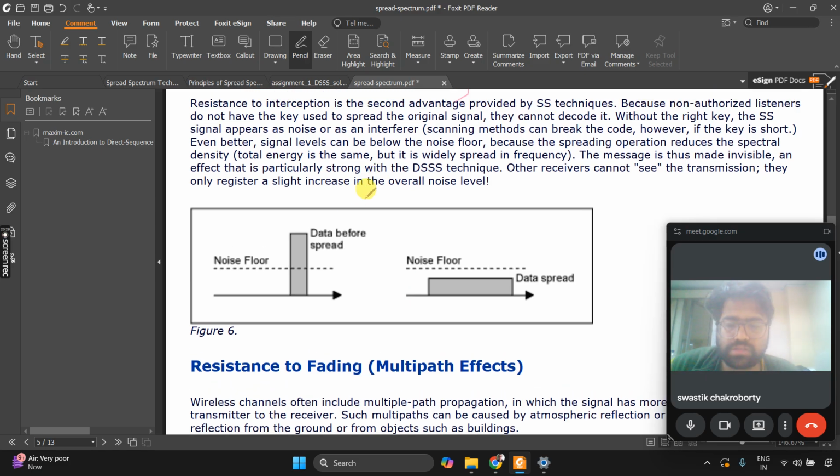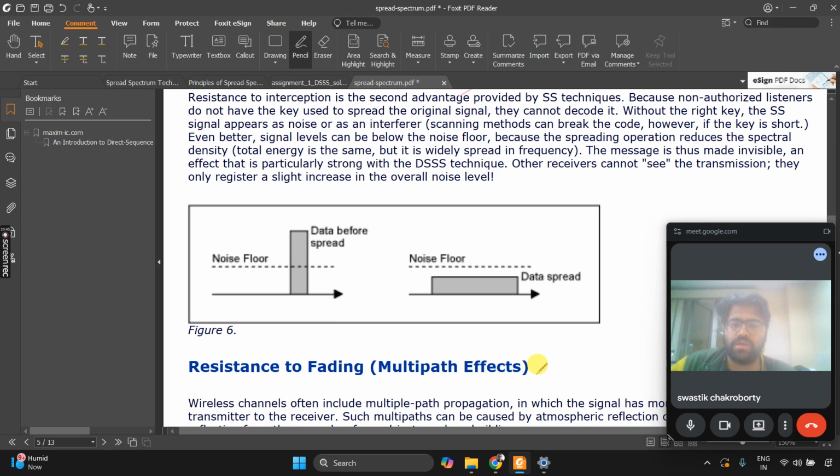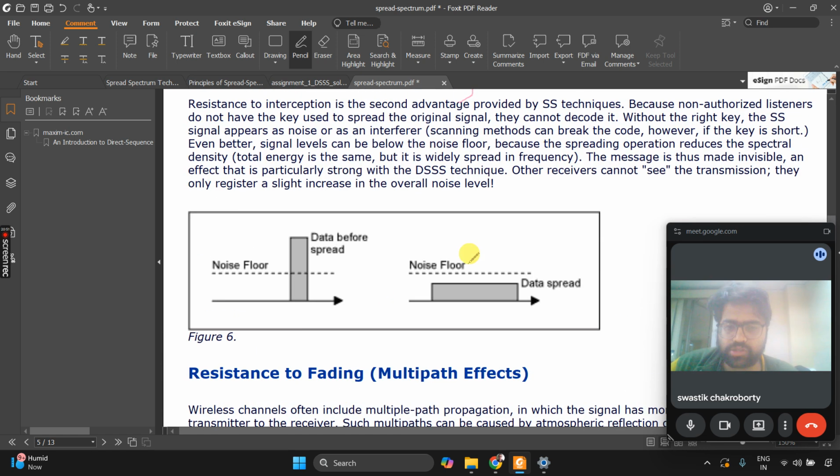Because you are spreading the data over a large bandwidth, it is being decoded as below the noise floor. So it is going below the noise floor.